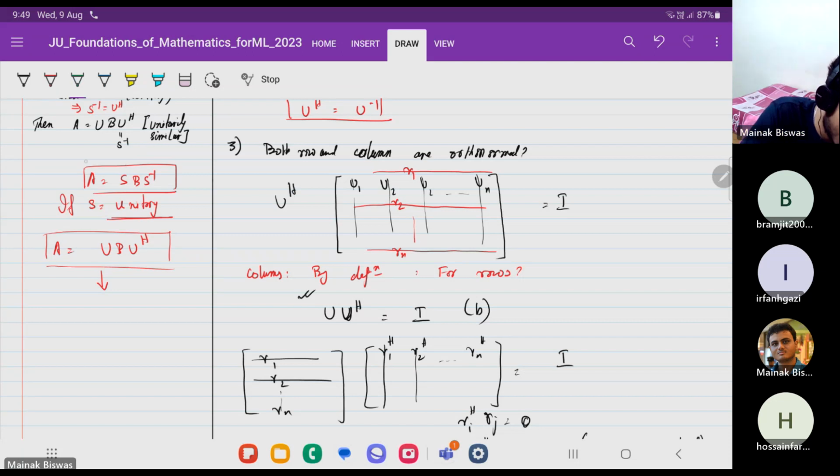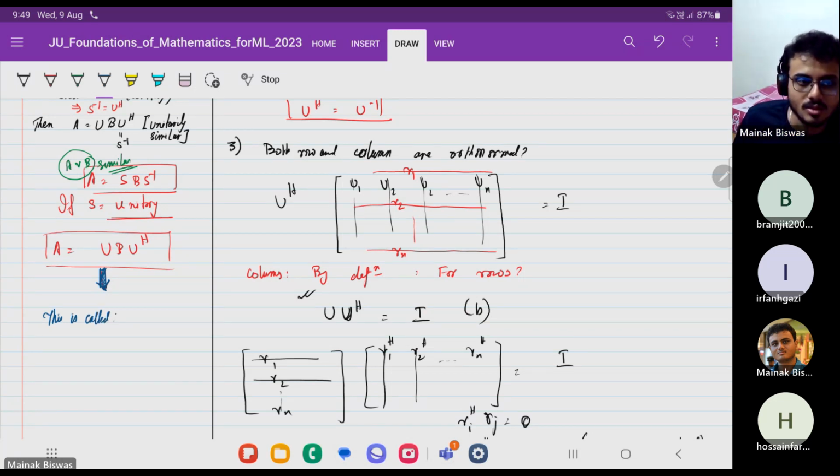A was known to be similar to B, right? So what will this be called? This is called unitarily similar.